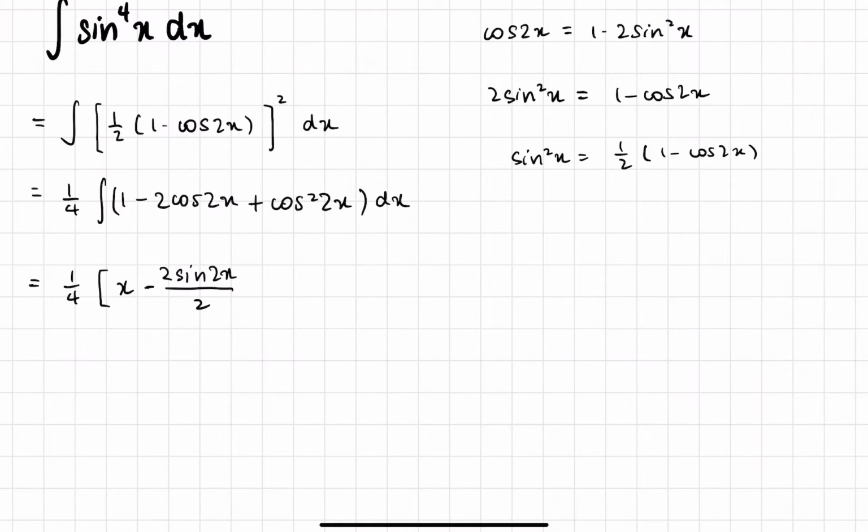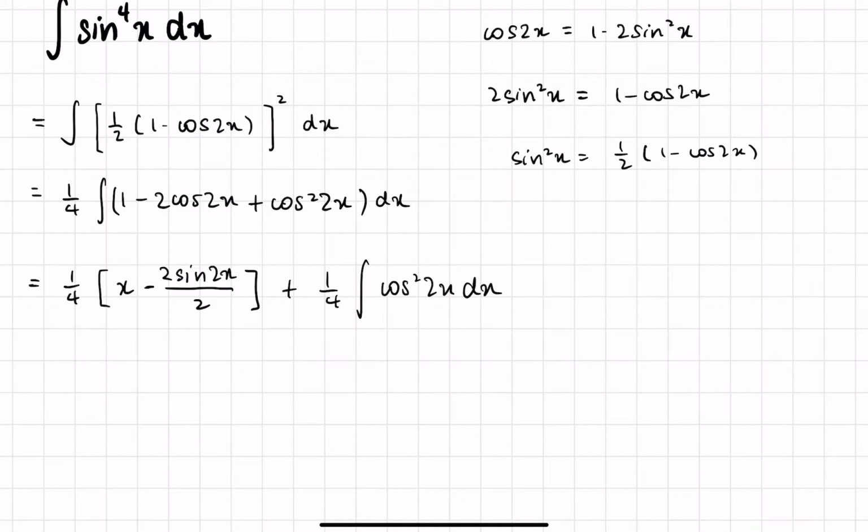Let's close the bracket, plus a quarter of cos squared 2x. Now, this part here is something that we can just kind of simplify in the next line.